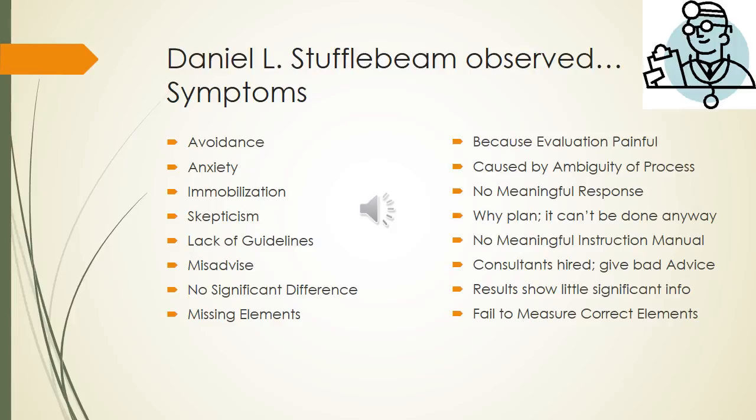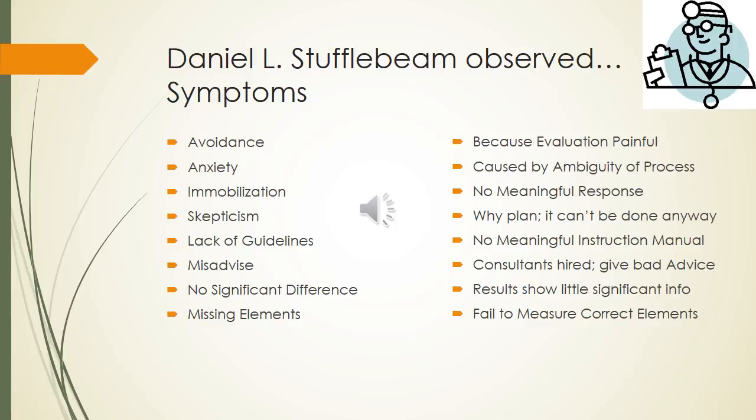Well, another challenge to evaluations is that we oftentimes don't get all of the elements measured, or we don't measure the correct elements. There are some things that we need to measure, and we measure them, and that's great. But there are other things that need to be measured that we don't measure because they're very difficult to measure, or maybe even impossible to measure. And so because of that, we don't necessarily get a full picture of what's really going on.